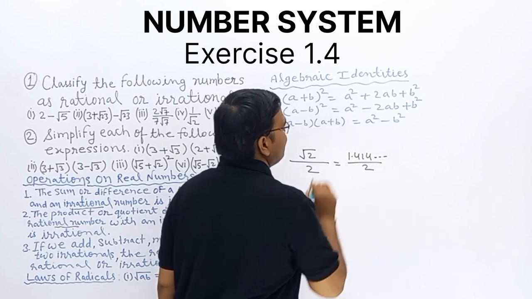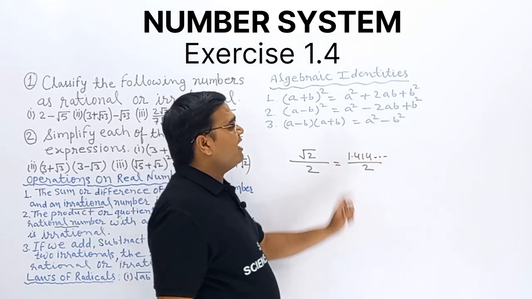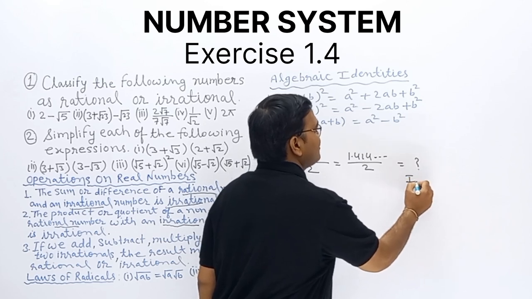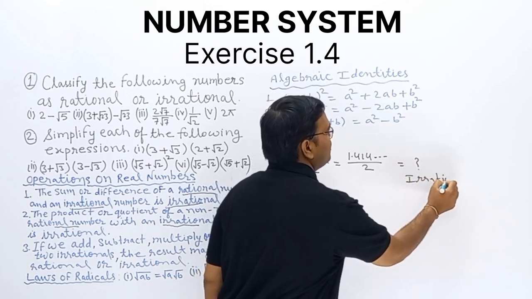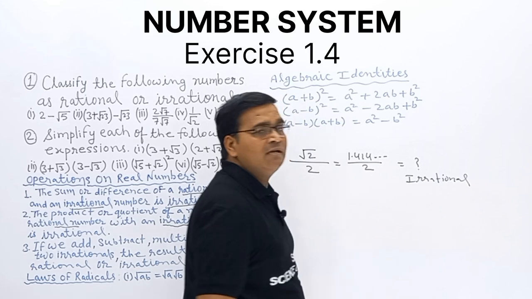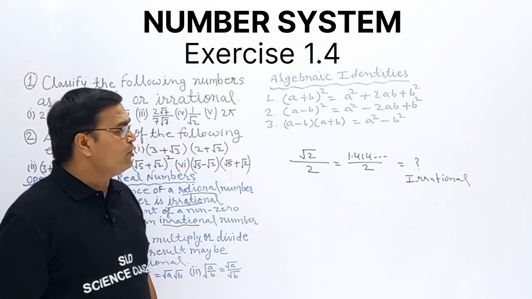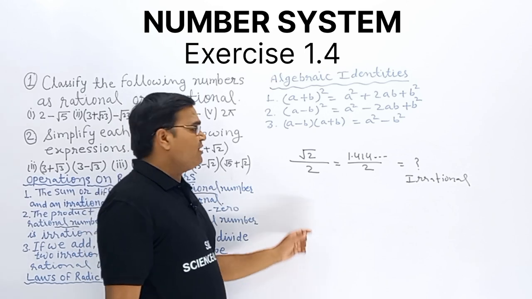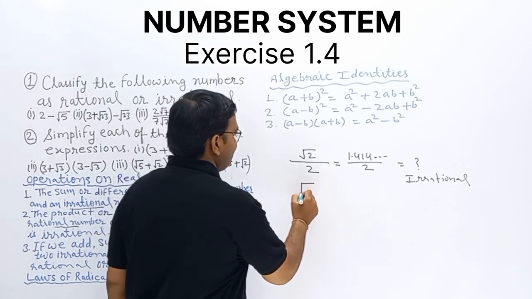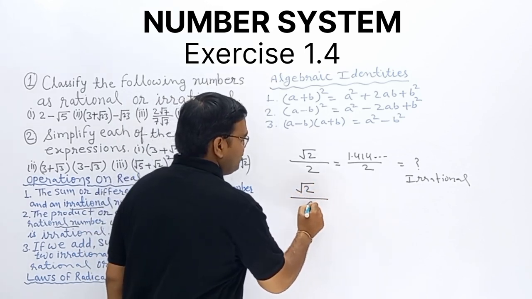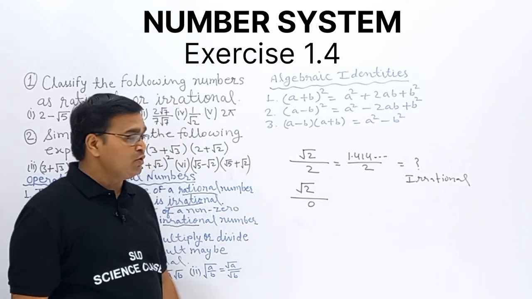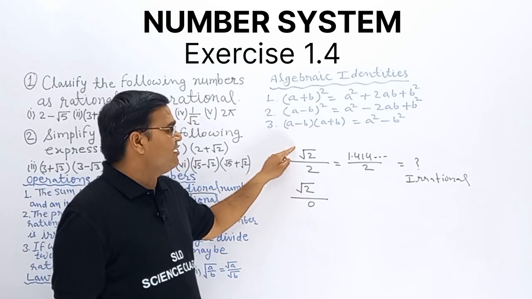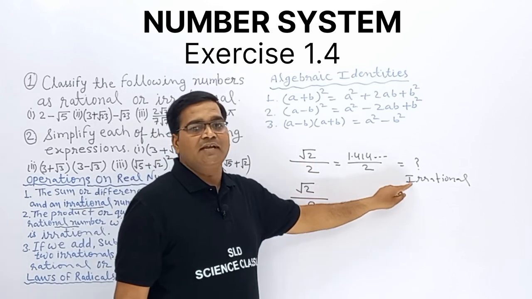Once we divide, we get a result, and this result is irrational. Yes or no? We get non-terminating, non-repeating, and this result will be irrational. Non-zero rational number and irrational, division will be irrational.